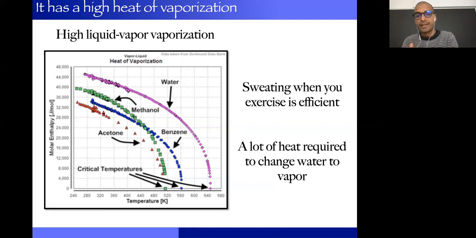And this is a great thing because it's the reason why when you sweat, which is mostly water, and it evaporates, it takes up a lot of heat from your skin. If you were sweating benzene, this would probably not be a good thing, and you would not be able to cool down as effectively.